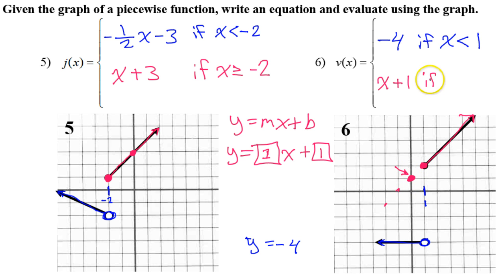Right, so now I'm going to say if... Okay, let me just erase and clear this up again. So again, my endpoint is at 1. So I'm going to have if x is, and I'm going to say something about the number 1 for my endpoint. So will it be less than 1 or greater than 1?